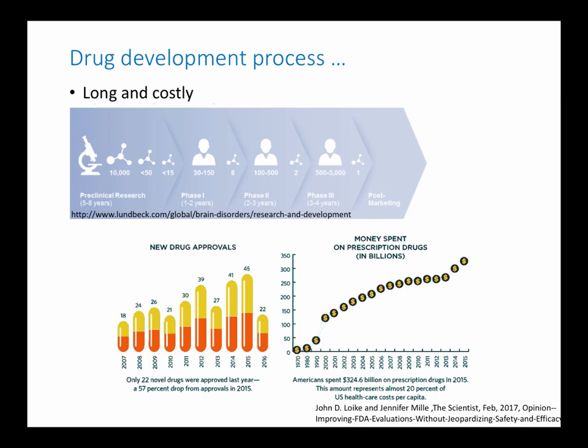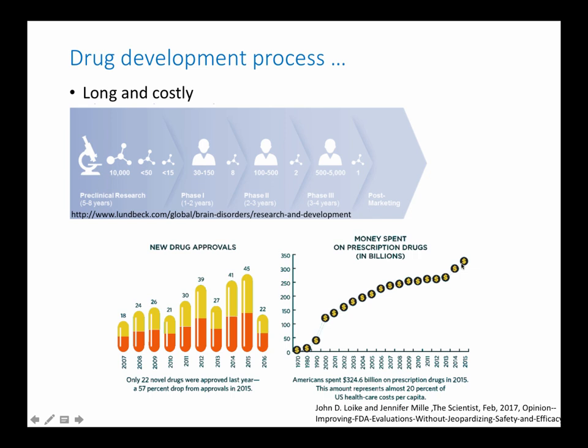Either they don't actually reach their targets, or they're toxic to people, or they don't really work in subgroups, and so on and so forth. So you can see that the number of drug approvals has decreased considerably. In fact, there were only basically 22 novel compounds approved last year. But conversely, the amount of money spent on prescription drugs is going up.